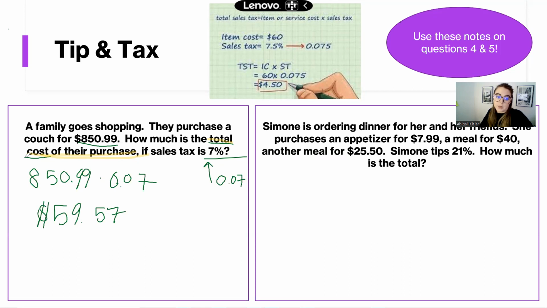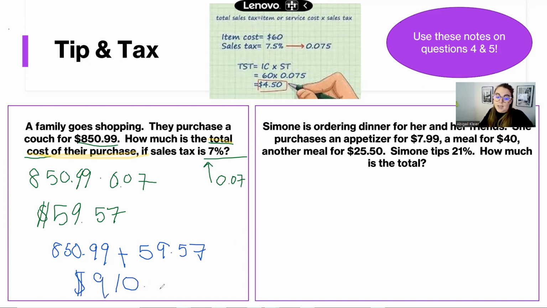So I can go ahead and do that right here. $850.99 plus that amount of tax, which was $59.57. Again, I'm using my calculator. You will have access to the calculator while you take your test and the big test at the end of the year, so make sure you're comfortable.